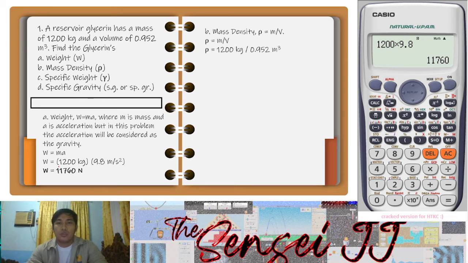So 1,200 kilograms divided by 0.952, we will have a mass density of 1,261 kilograms per cubic meter. So let's try to solve this one again. 1,200 divided by 0.952. So we have here 1,260.5, but we just rounded up into 1,261.